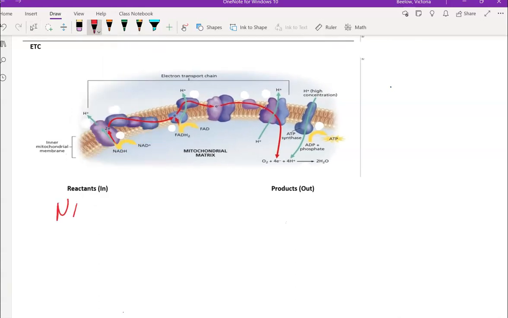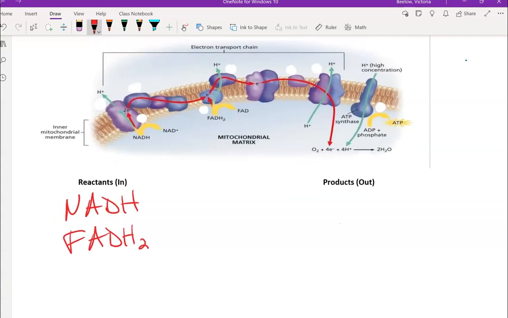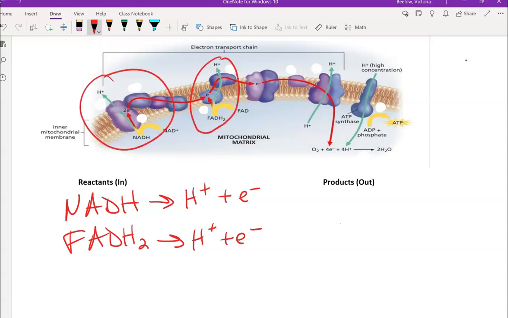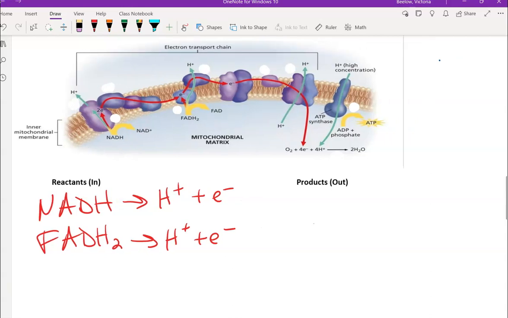So we're going to use that NADH and the FADH2. They are going to drop off those hydrogens. And those hydrogens are going to split. We're going to get the hydrogen and the electrons. You can see that here in the diagram. And the electrons are going to power the ETC, okay?